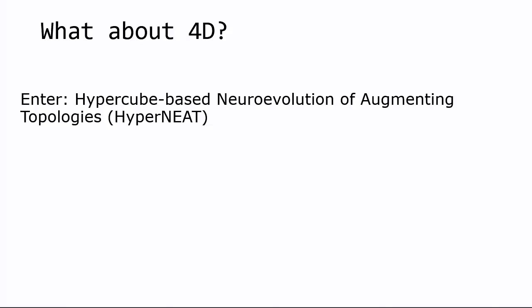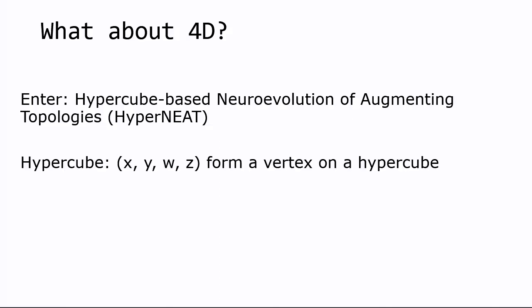Now, what about 4D? That's the next extension. And this is something called HyperNEAT, which is called hypercube-based neural evolution of augmenting topologies, where this was super far-fetched when I first read this paper. But effectively, you have a hypercube, which is just a thing in 4-dimensional space, and it has a vertex that can be represented by 4 numbers, x, y, w, z.